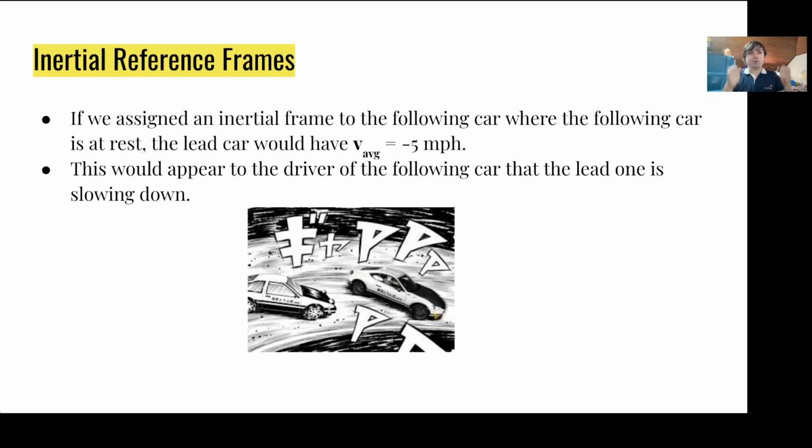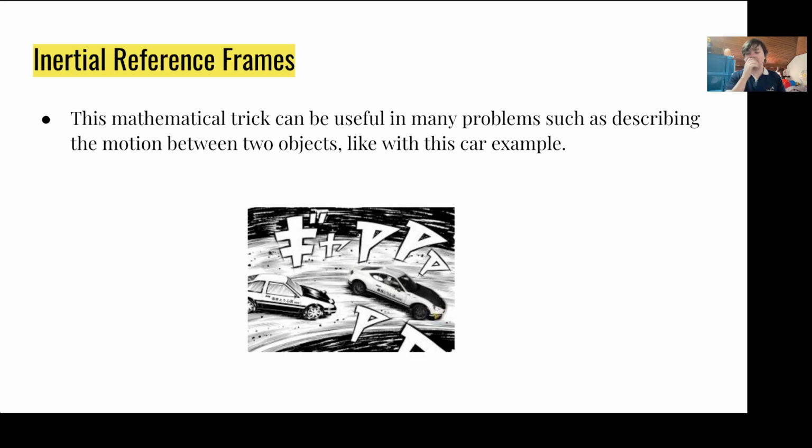So if you had a frame of rest as you driving the car behind, then you would say that the car in front is traveling at -5 miles per hour. And so it would appear that the first car is actually slowing down. And so this is a mathematical trick that can be useful in many problems describing the motion between two objects, such as racing cars.